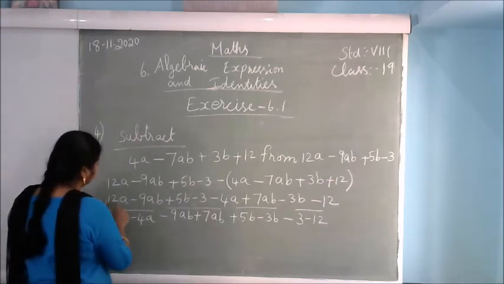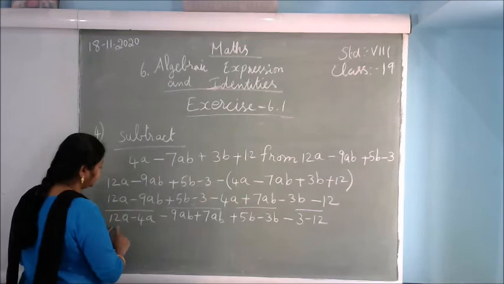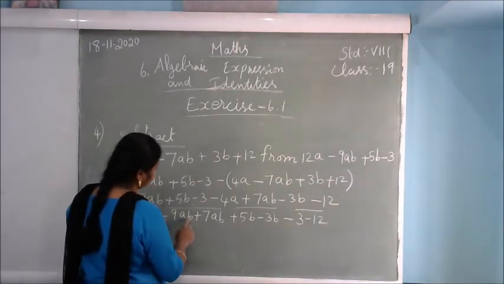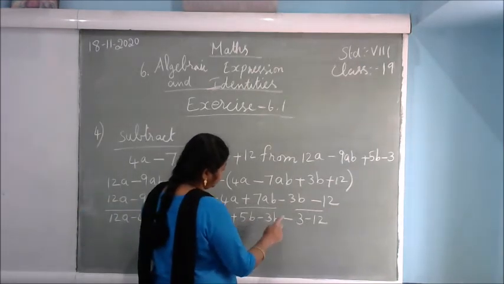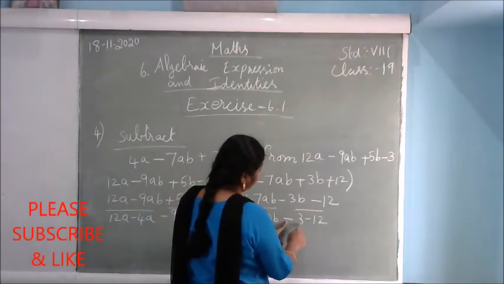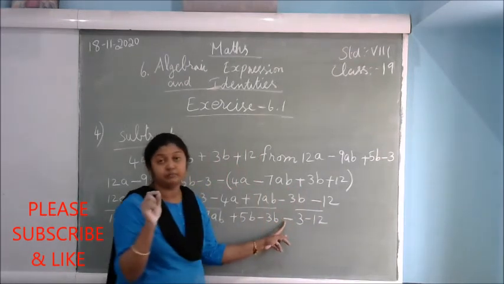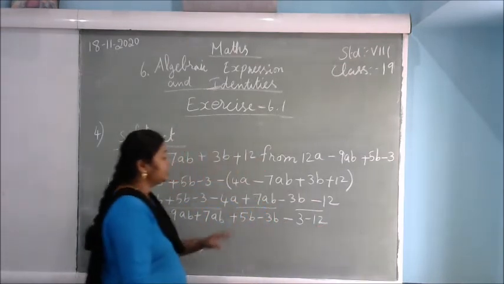See here, 12a, and 4a is here. So like that I separated all of these: 12a minus 4a, minus 9ab plus 7ab, plus 5b minus 3b, and the constant terms. These are only numbers without variables, so last I separated the constant terms.